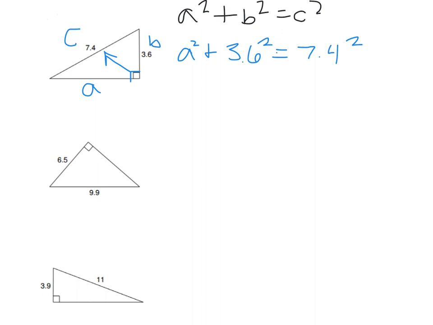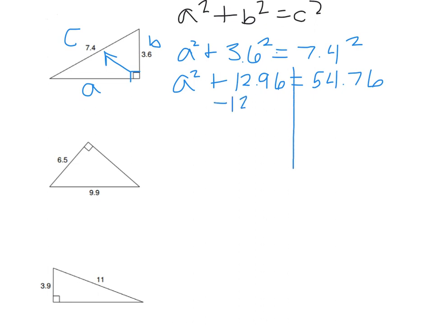So then we want to simplify what these numbers are. So A squared plus 12.96, that's what it is if you multiply, equals 7.4 squared is 54.76. You can always do that in your calculator. And then we're going to balance and solve. So let's start by subtracting 12.96 from both sides.